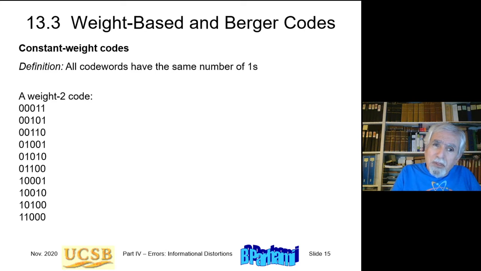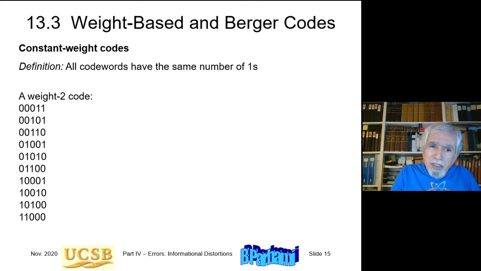Okay, so this one is capable of detecting all unidirectional errors, because even if 3 zeros are changed to ones, the weight changes. If one or both of these ones change to 0, the weight changes, therefore you can detect it. However, if this one changes to 0 and this 0 changes to 1, the weight remains the same, so it does not detect bidirectional errors.